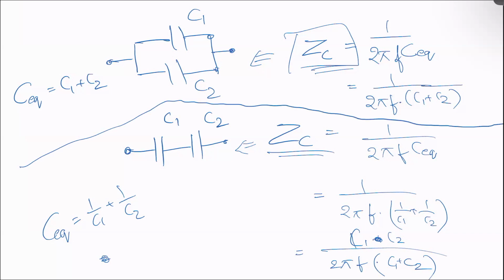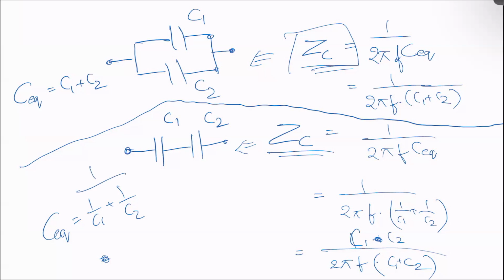Amelia, I have a question. For the capacitance in series, that 1 over C1 plus 1 over C2, isn't that all to the power of -1, as if it was resistors in parallel? Yeah, it should be, it's the reciprocals.